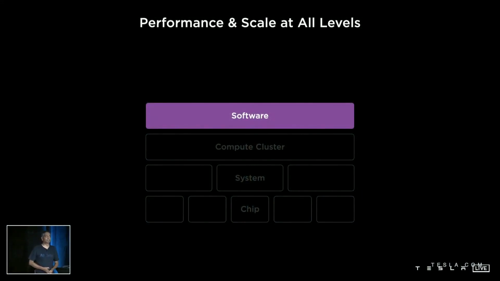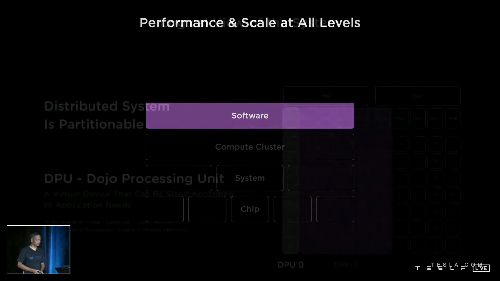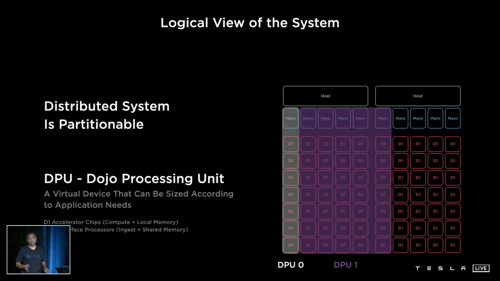Not just the hardware, the software aspects are so important to ensure scaling. And not every job requires a huge cluster, so we planned for it right from the get-go. Our compute plane can be partitioned into units called DOJO processing units. A DPU consists of 1 or more D1 chips.